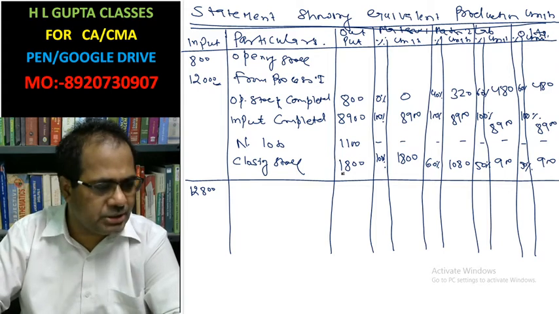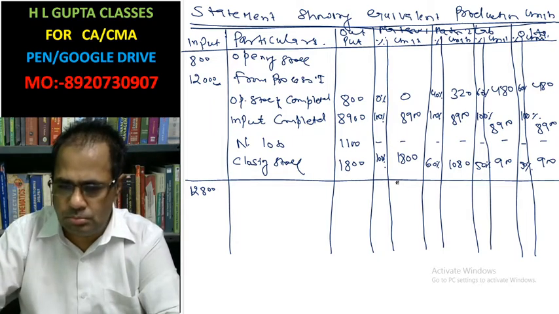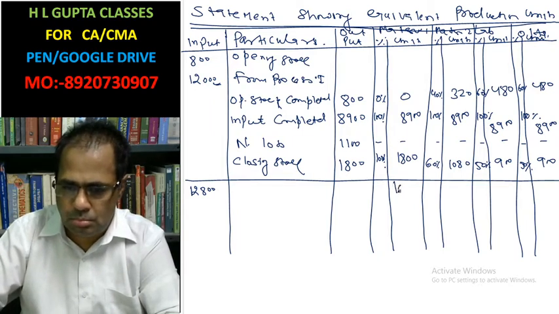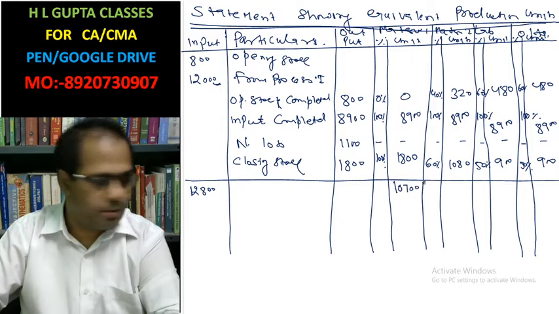It would be material first 8900, 1800, 10,700.